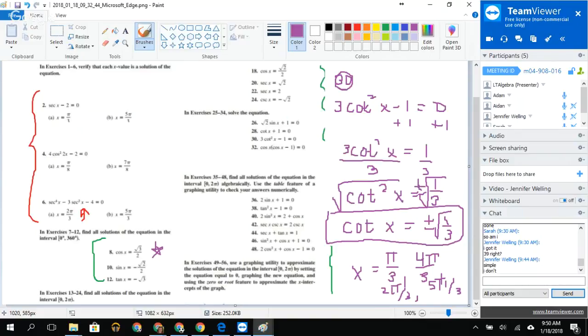That's crazy pi, but you guys get the idea. It's supposed to be pi there. So those are solutions to my equation.